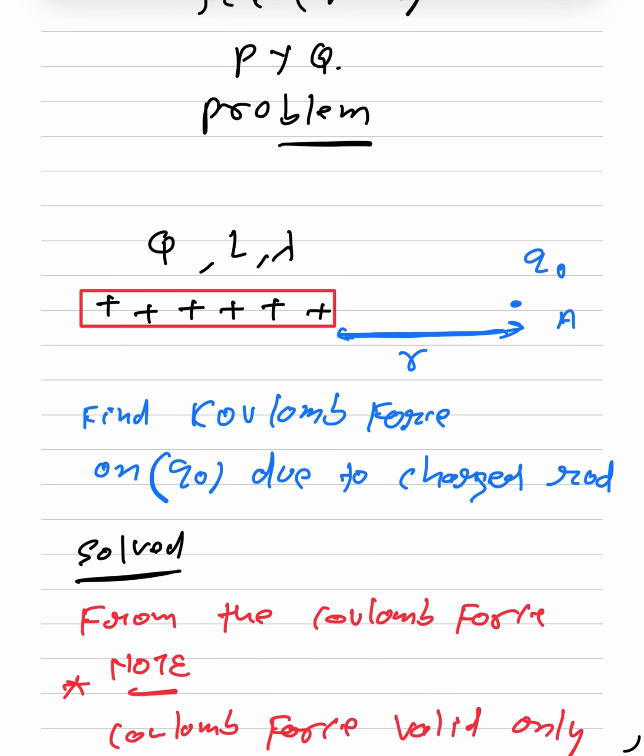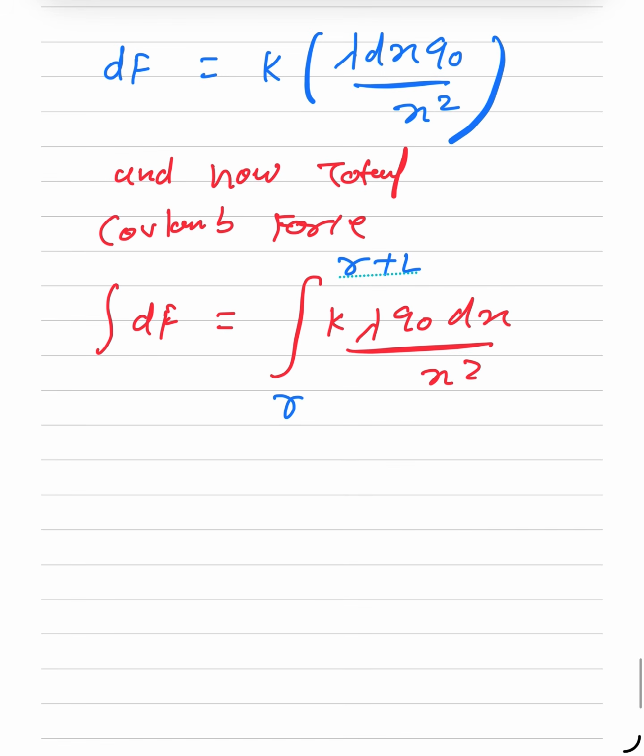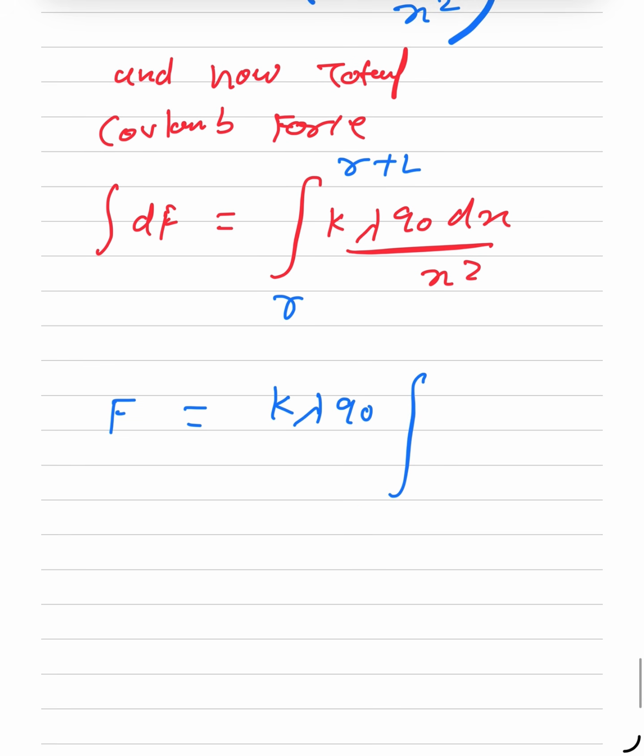This is the r distance and this is the r plus L distance, because this is L, meaning the length of the rod. In this situation, F equals k lambda q naught times integral of x to the power minus 2 dx, limit r to r plus L, right.